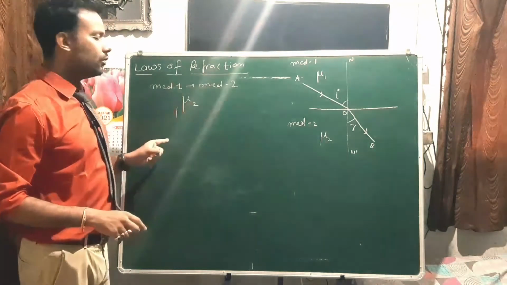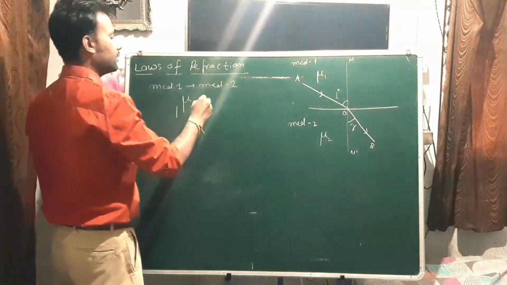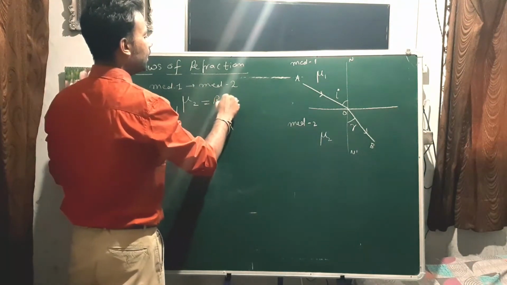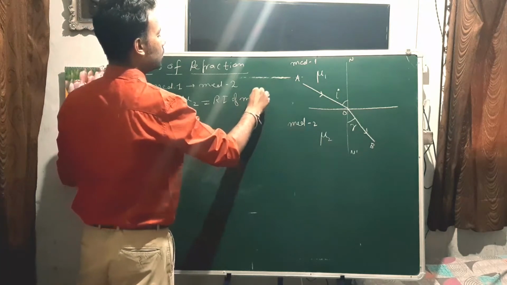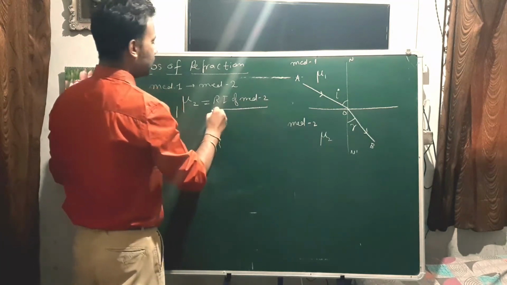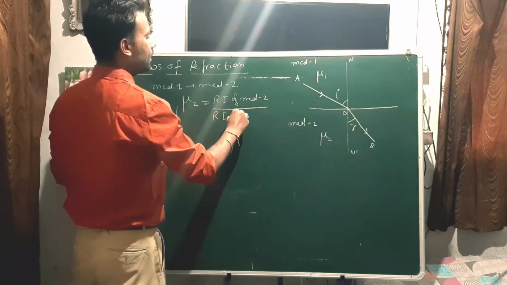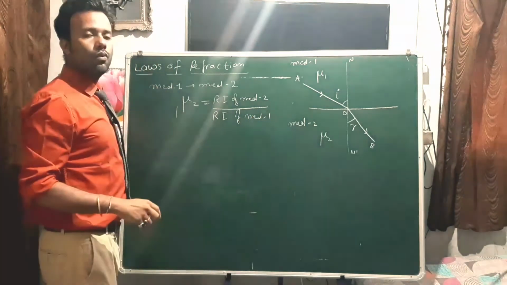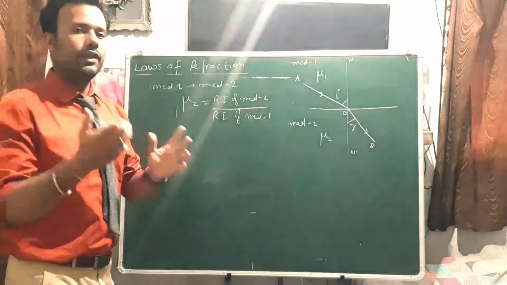Now what is 1 mu 2? This is written as the refractive index of medium 2 divided by the refractive index of medium 1. And how do we read this?